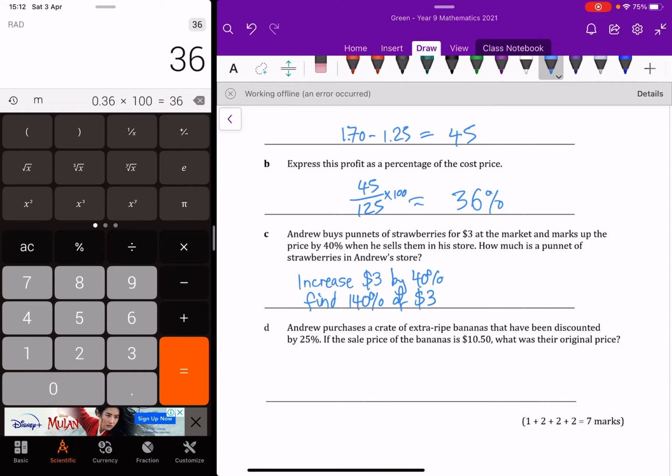All right, these all mean the same thing. So what I'm going to do to work that out is I just do 140 divided by 100 times 3.